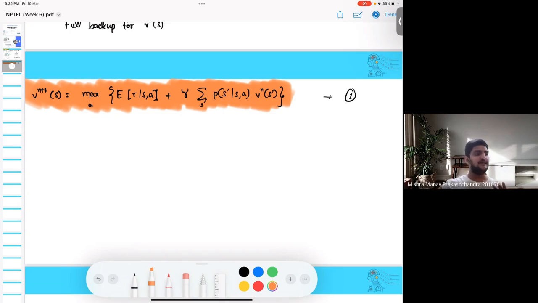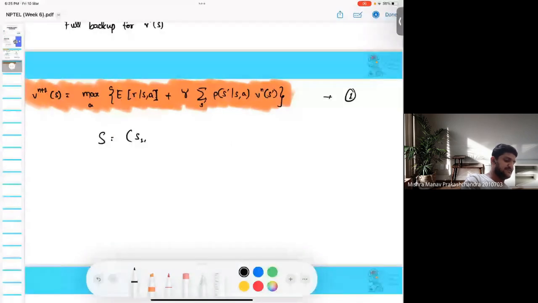So think of it like this. If I have a bunch of different states, let's say I have my state space, and let's say I have 4 states, S1, S2, S3, S4, just for an example.